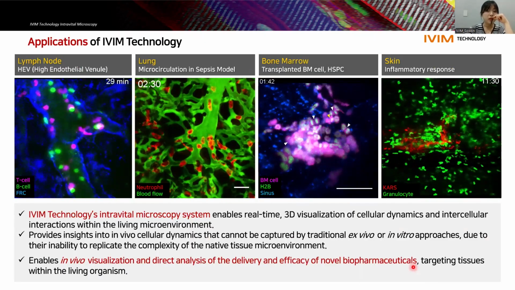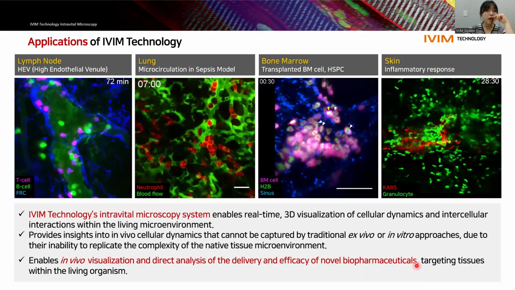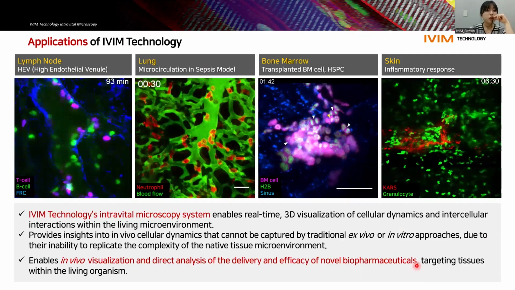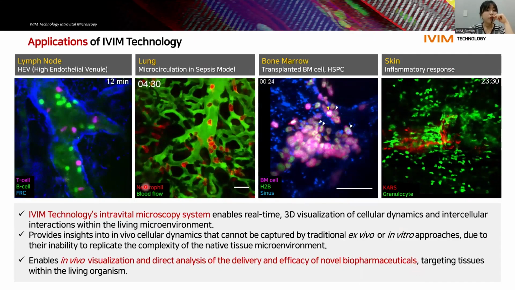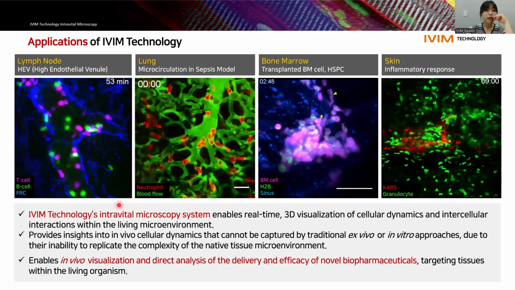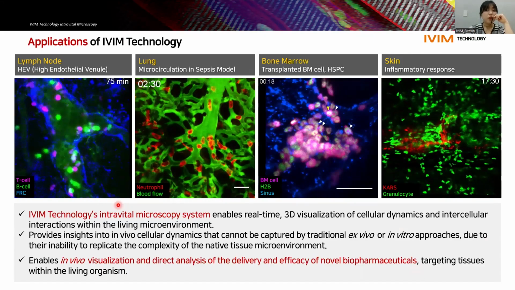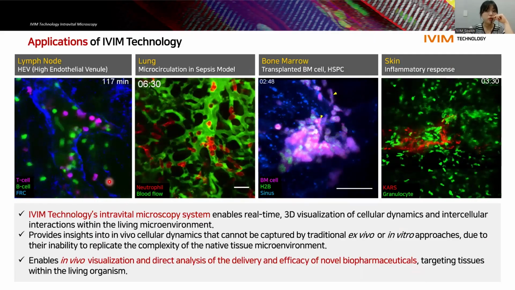Now, based on this, I'd like to briefly introduce some of the immune-related research we have conducted using our intravital microscopy system. First, we observed high endothelial venules, also known as HEVs, the vascular structures that allow immune cells to enter lymph nodes.